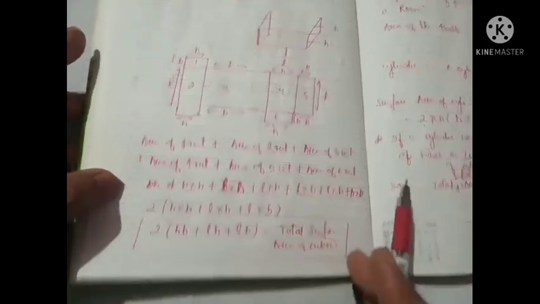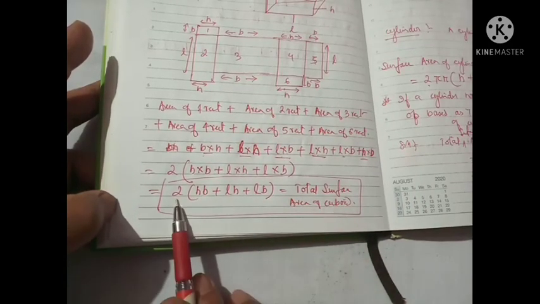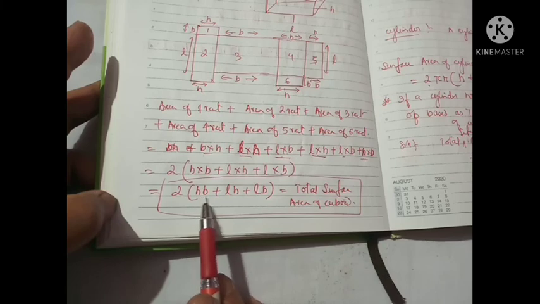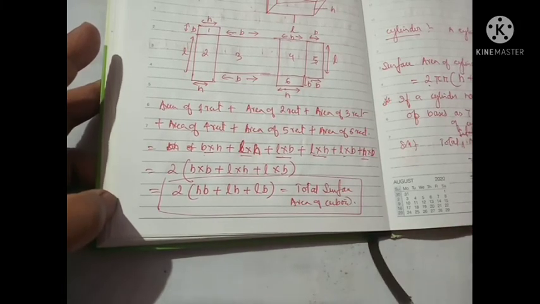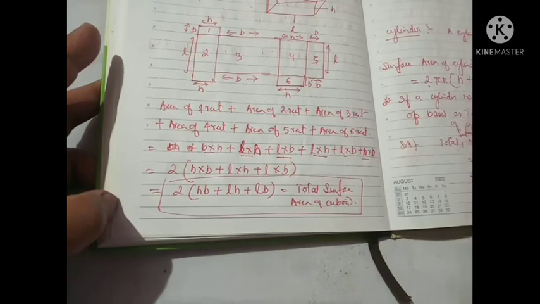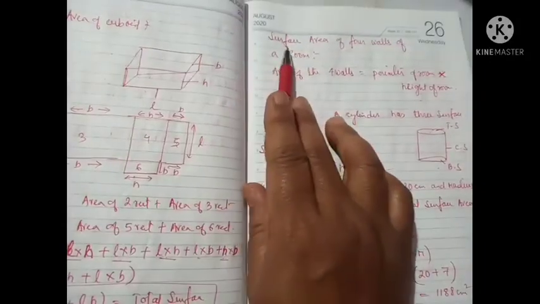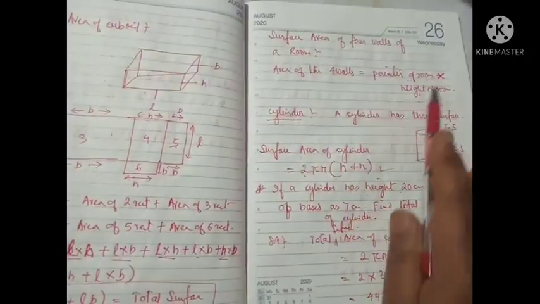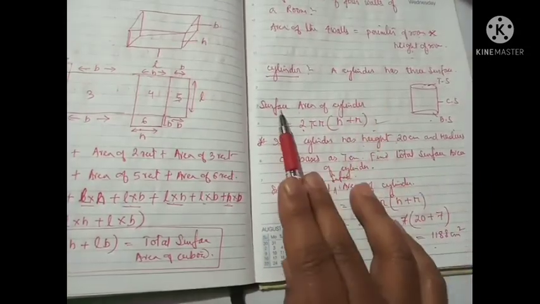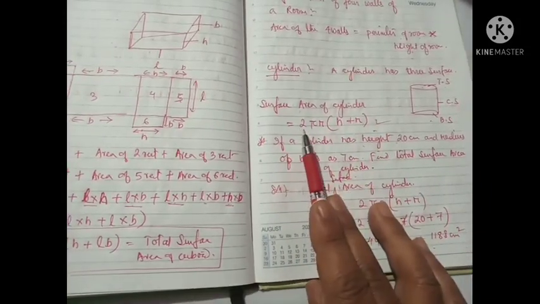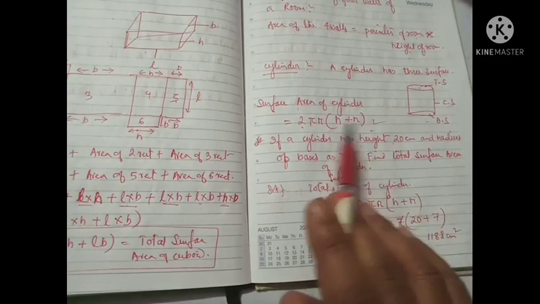Now about the cuboid, if you want to find out the total surface area of the cuboid, that is twice height into breadth plus length into height plus length into breadth. This will be the formula for the total surface area. And again, the surface area of 4 walls is perimeter of the room into height of the room.